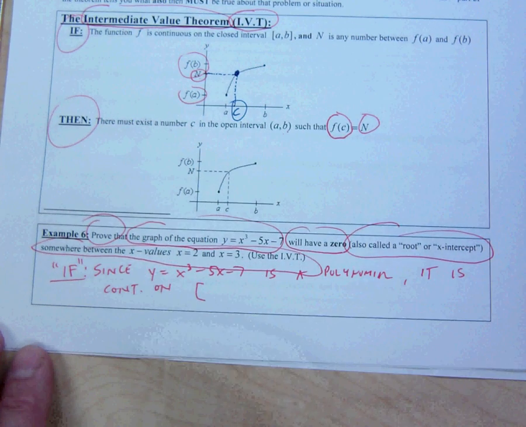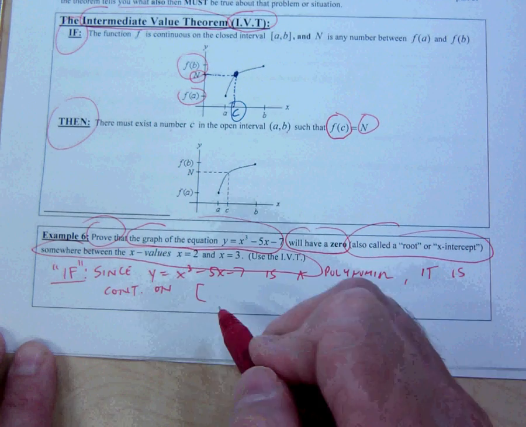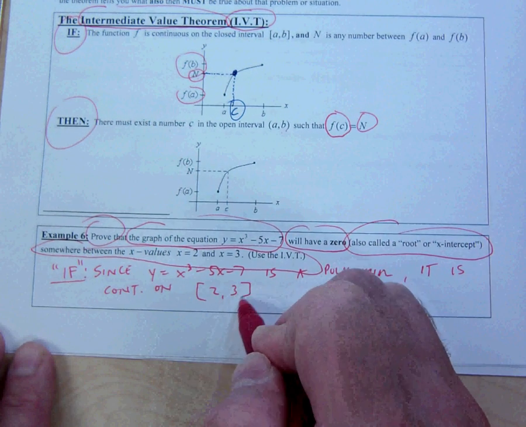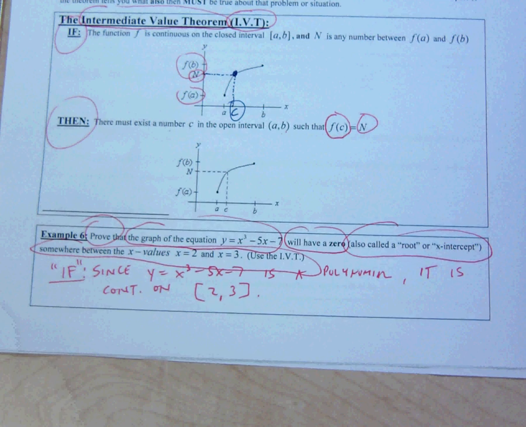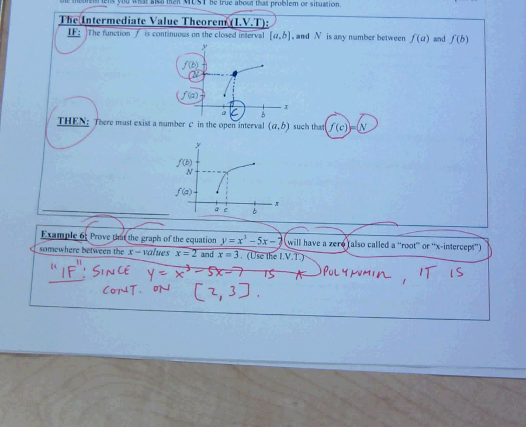In this case, what's our interval? 2 to 3. Does that make sense? Didn't I say that about 20 minutes ago, that all polynomials are continuous? Aren't they? Think about it. Aren't polynomials continuous everywhere? Right? Okay, so since the function is a polynomial, it'll be continuous on the closed interval 2 to 3.